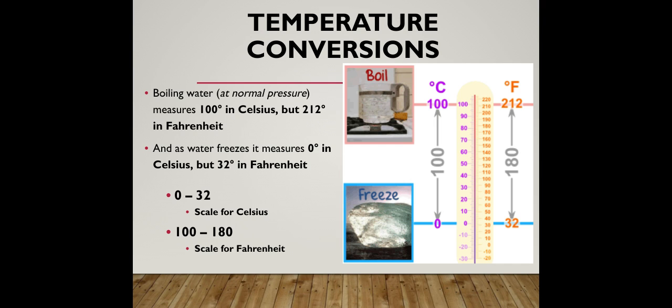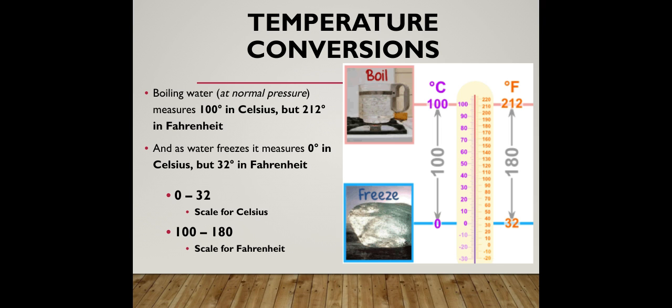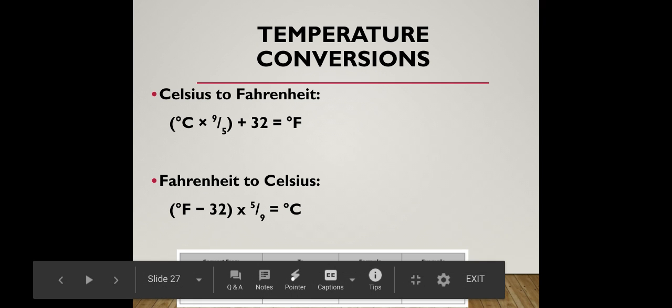It really sets up this scale for Celsius, being that we have really between 0 and 32. And for Fahrenheit, we have 100 to 180. This part's not that important for you to memorize or know, but it's just how we can scale it. And when we do that scaling, we come up with this equation.